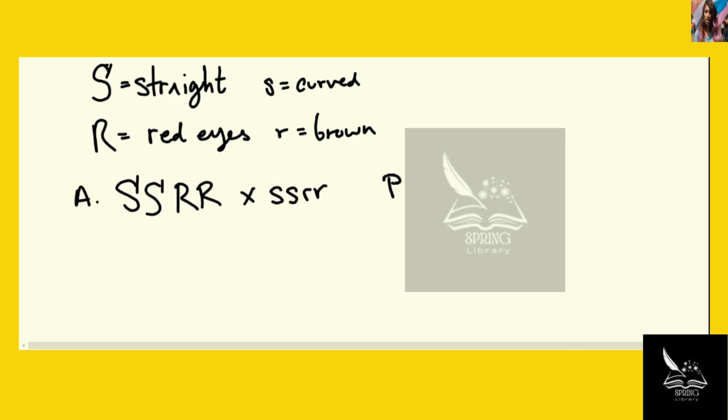So this would be the parent cross. And then, of course, this gives us the standard F1 generation that is heterozygous. And so then we make a test cross with this generation and another set of true breeding recessive.